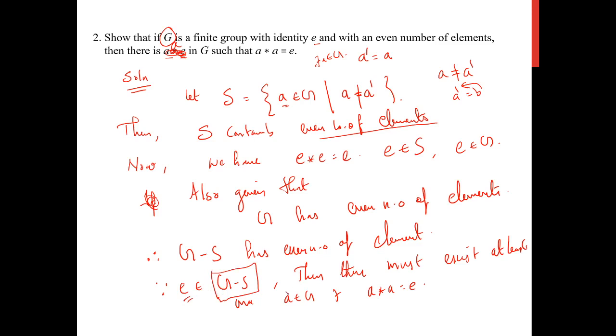There must exist another element A belongs to G such that A star A equal to E. Therefore, this is shown. That means if G is a finite group with the identity E and with an even number of elements, then there is an element A in G such that A star A equal to E. So hence the proof. Now we will do another problem.